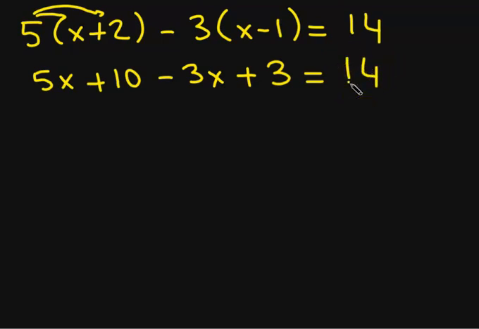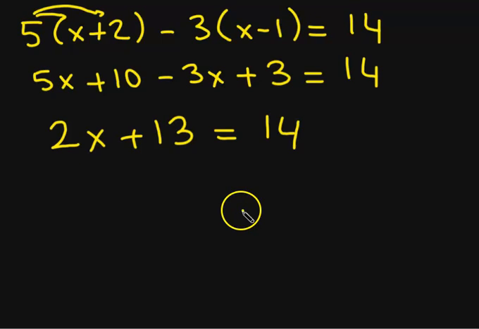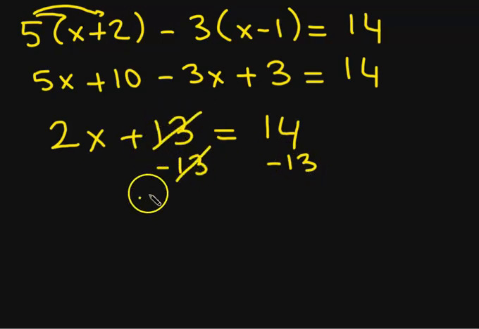Then the next step will be combining like terms. 5x minus 3x will be 2x. Minus 10 plus 3 will be minus 7, equals 14. Next step, we'll be getting rid of the constant by adding to both sides. So on the left side, they are gone.